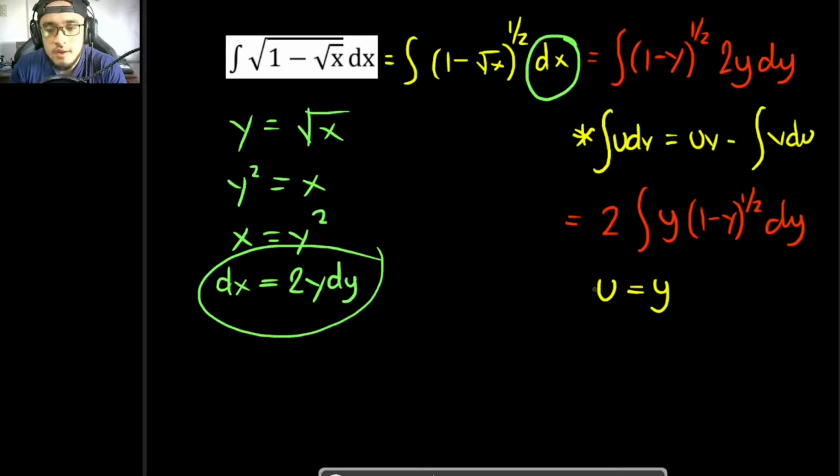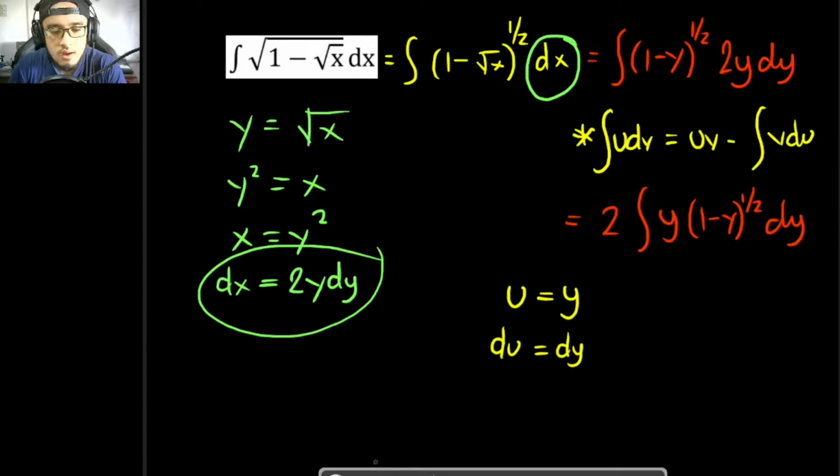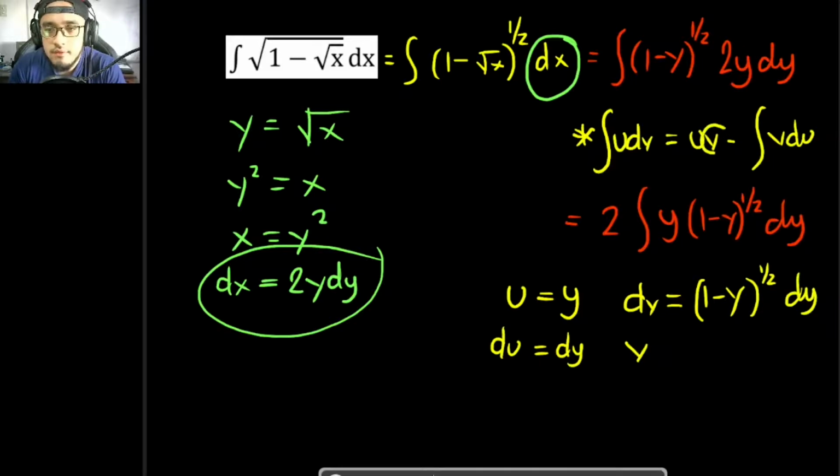From that, differentiating it, your du is now equal to dy. So I would just be moving this to the left. And for the value of your dv, I would assume this to be my dv, which is 1 minus y raised to 1 half times dy. For us to get the value of v, we would be getting the integral of this one.